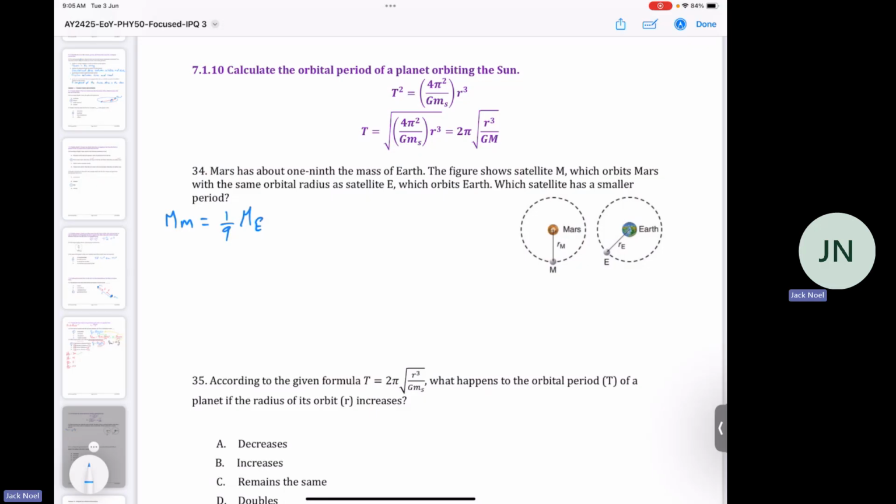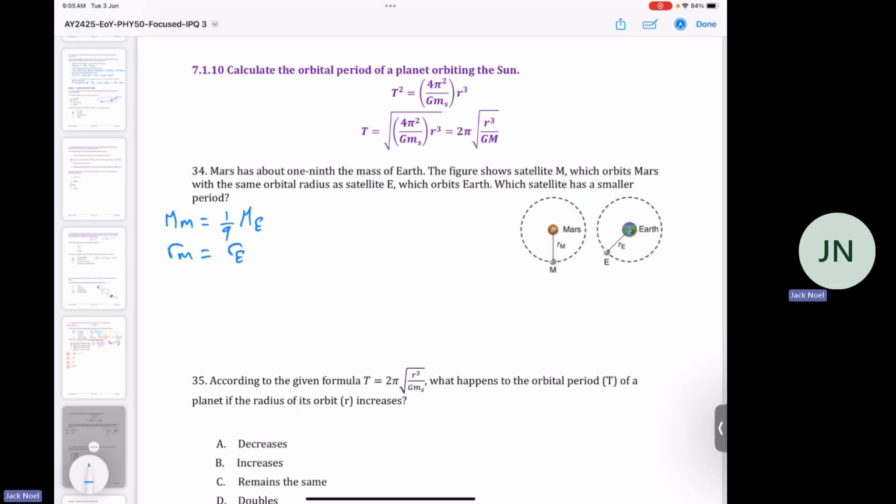No, we don't. But we need to know that both of them have the same orbital radius. So the one orbiting Mars is at the same distance from Mars as the one orbiting Earth.